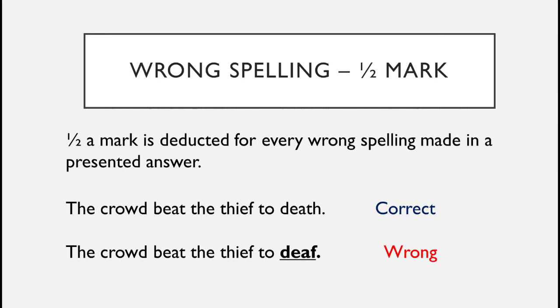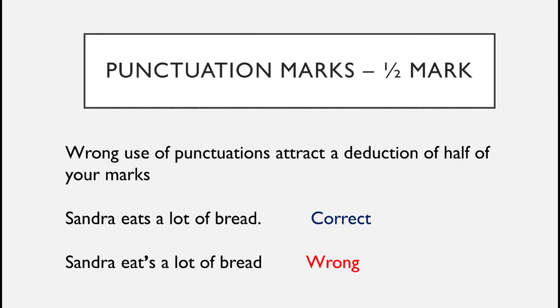So if, for instance, instead of writing, "The crowd beat the thief to death," you misspell a word in it, you will lose half a mark for that. Be sure to check that all your words are correctly spelled before moving on to the next section of your English language paper.